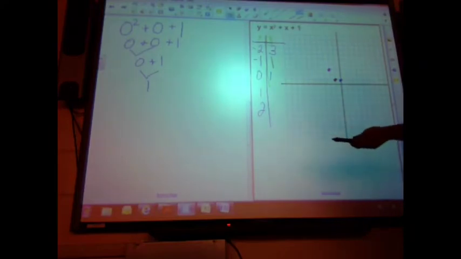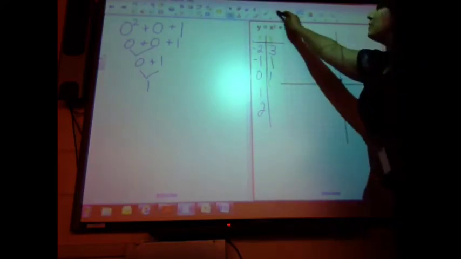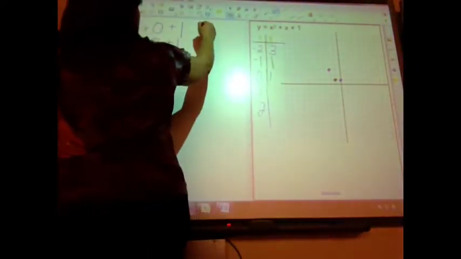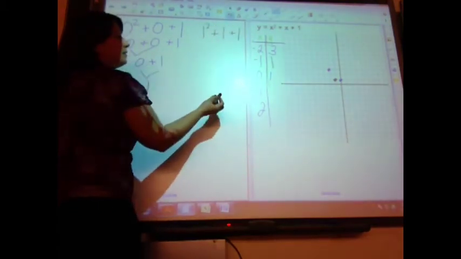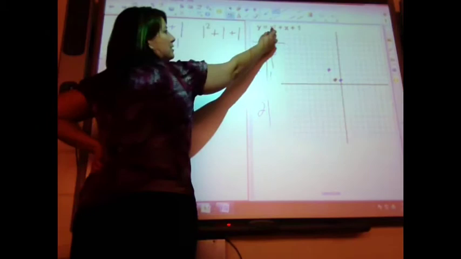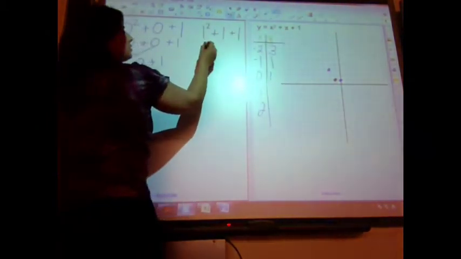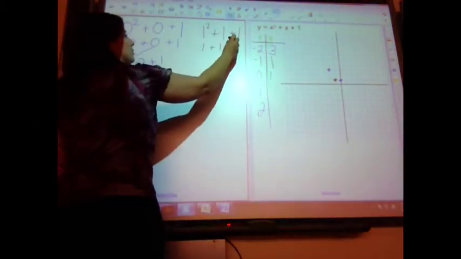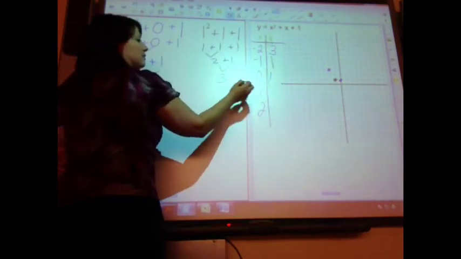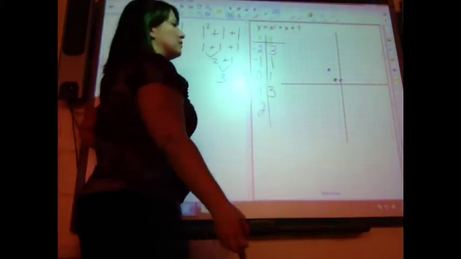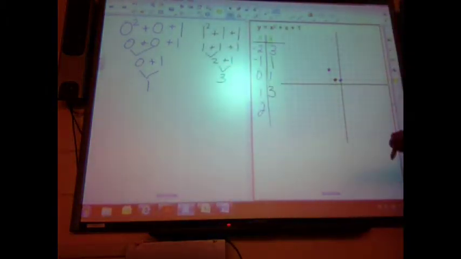So next I plug in 1, back over here for my equation. 1 squared plus 1 plus 1. So that was x squared plus x plus 1. So 1 squared is 1. 1 plus 1 is 2. 2 plus 1 is 3. So I'm going to go over 1, up 3.